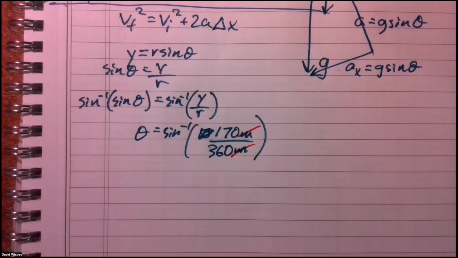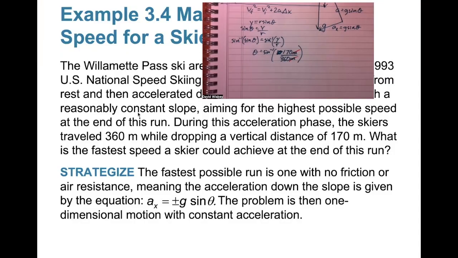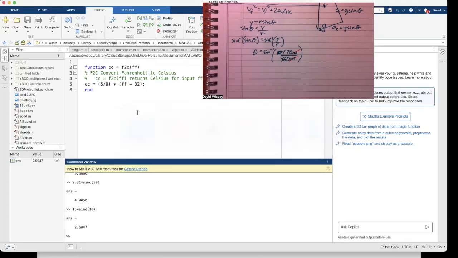So we're getting our angle now, and I'm going to pop this into MATLAB. In MATLAB the notation is asind, and then we put in our numbers as 170 divided by 360.